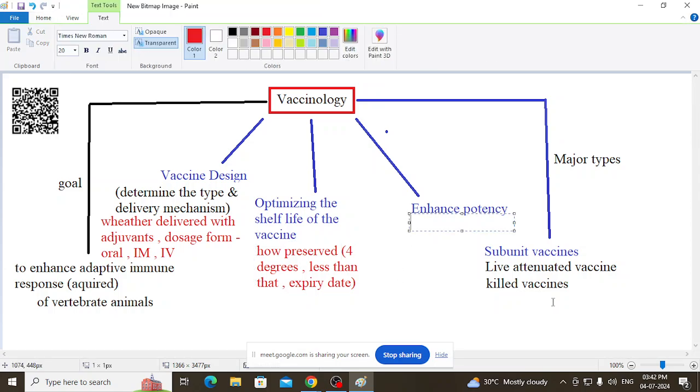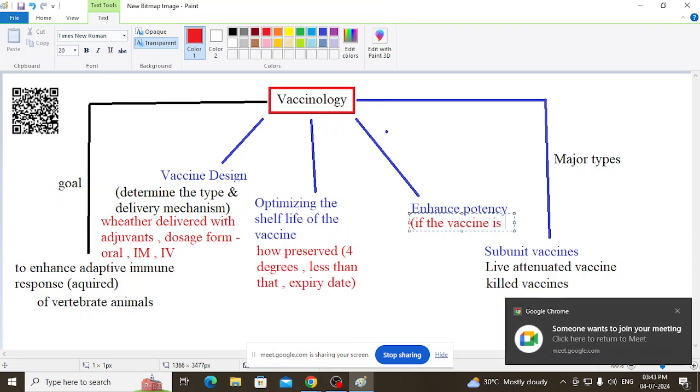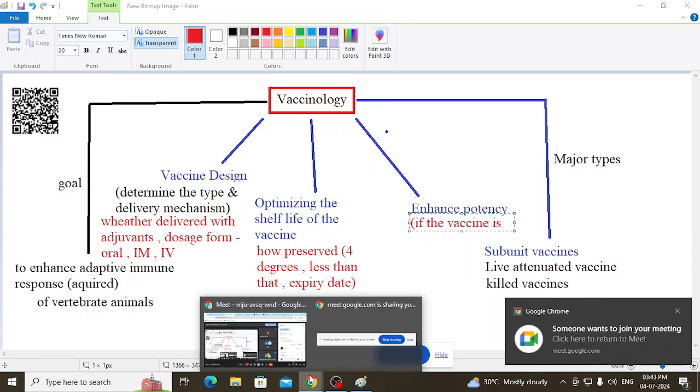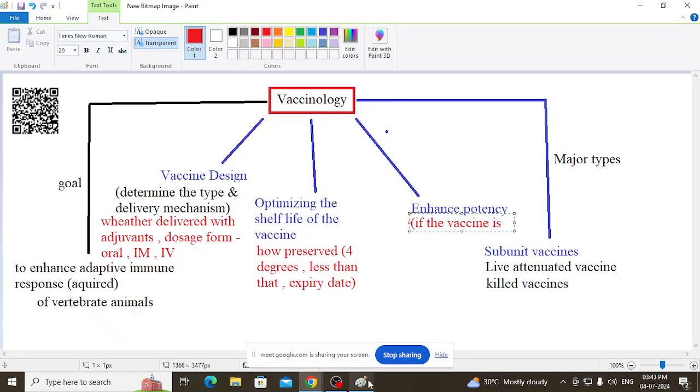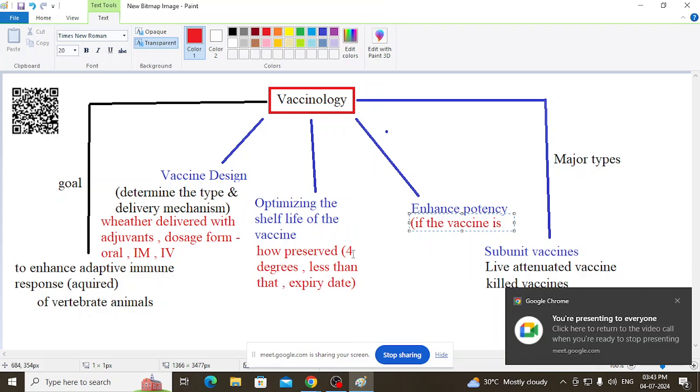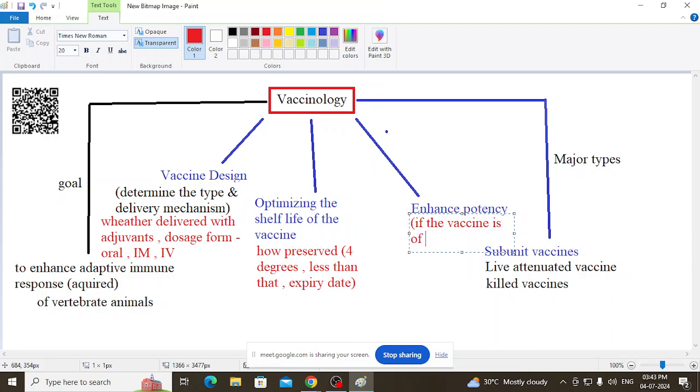Now enhancing potency, this is very important. Enhancing potency means whether the vaccine is single target or multi-target. Let's give an example.